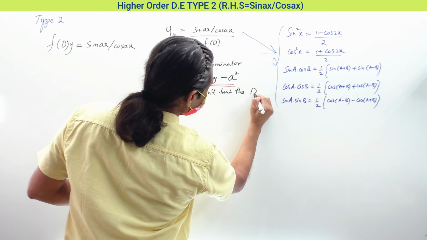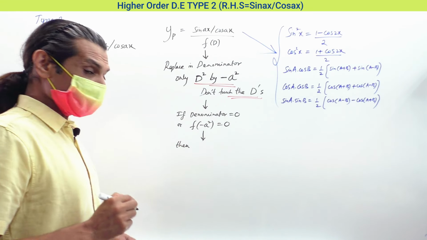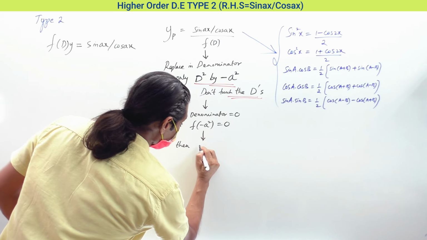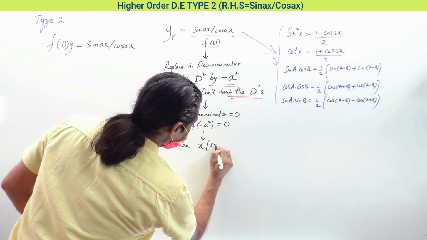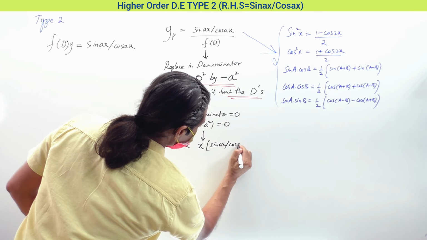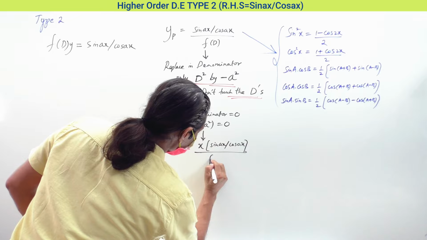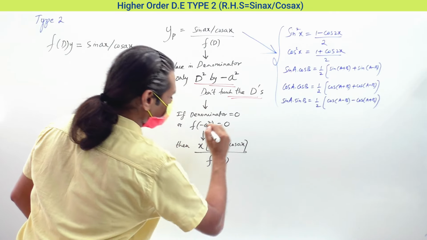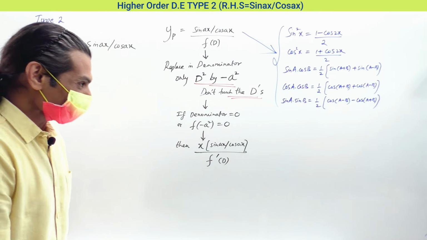That's it. Now, after replacing D square by minus a square, if the denominator is equal to 0, or we can also write f of minus a square is equal to 0, then what's the logic here? In the previous type also, we multiply the numerator by x, that is x into sine x, or cos x, whatever is given, and differentiate the denominator. Getting it?